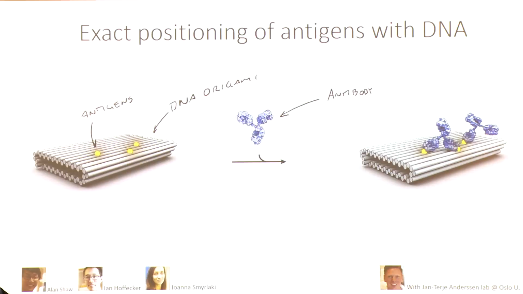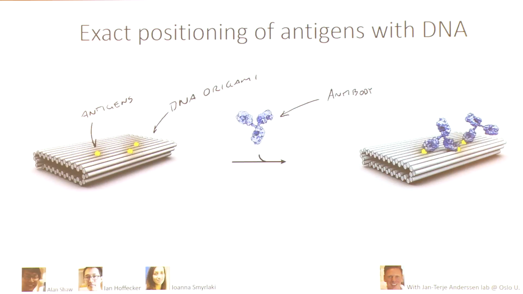So the other example I want to give before I finish off is that we've also recently used DNA origami in another nanoscale positioning experiment, and here we were interested in exactly how antibodies bind their targets.